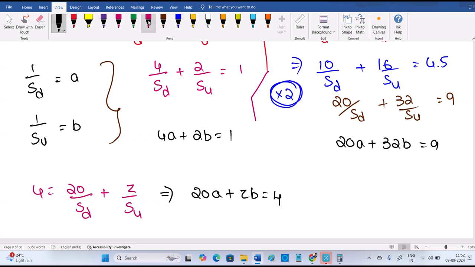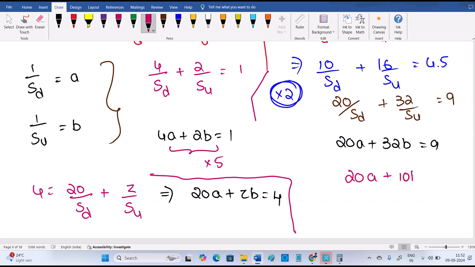Here we can calculate the A and B values. How, sir? Multiply this equation with 5. Then 20A plus 10B equal to 5. A will get cancelled, so B is nothing but 4 upon 22, 2 upon 11. 2 upon 11 is nothing but B.